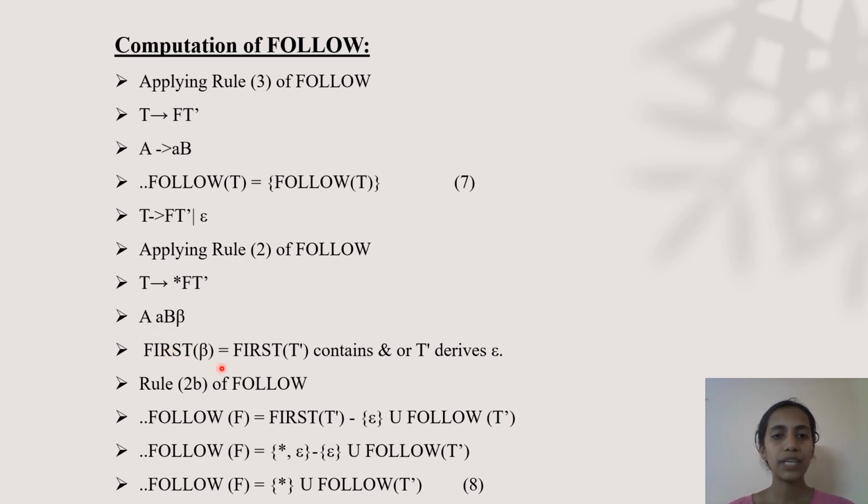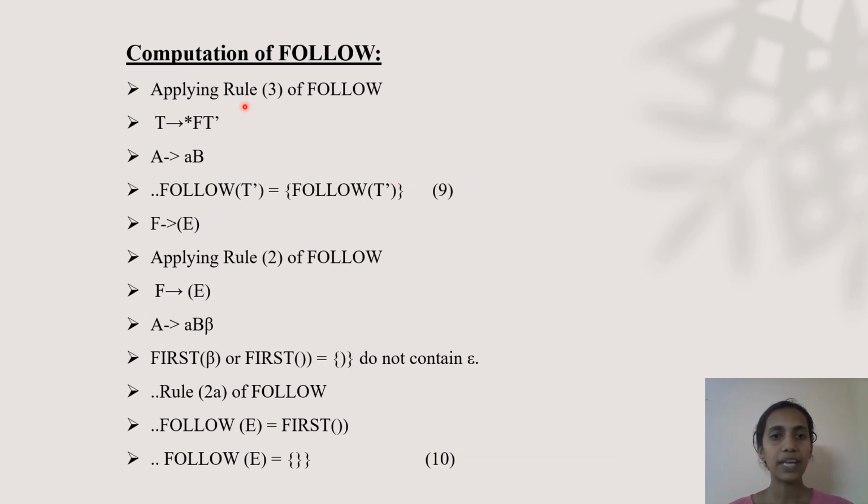The first of beta is equals to first of T dash contains epsilon or T dash derives epsilon. Rule of 2B of follow. Therefore, follow of F is equals to follow of T dash minus epsilon union follow of T dash. It is followed by follow of F is equals to star comma epsilon minus epsilon union follow of T dash. Then the final step is follow of F is equals to star union follow of T dash, which is the eighth equation.